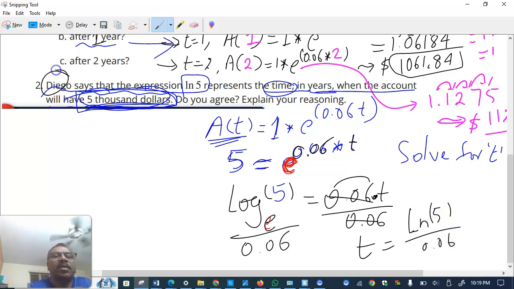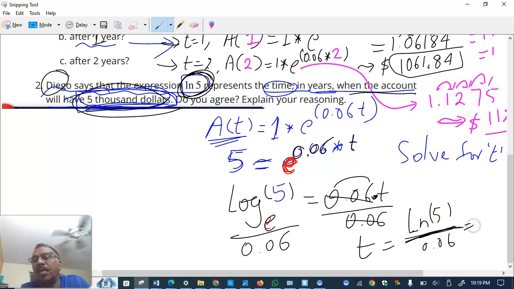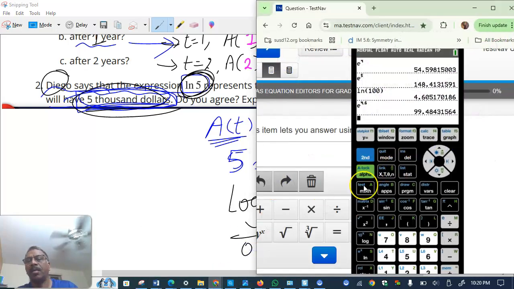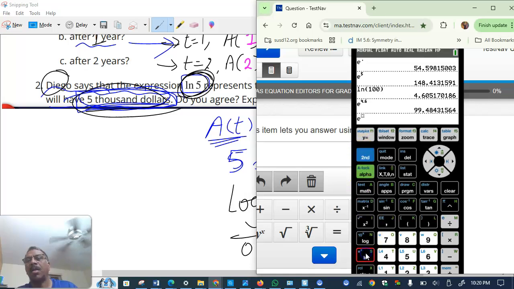So what Diego thinks, that ln of 5 represents the time to have $5,000, is wrong. If you want a balance of $5,000, let's plug it in and see what you get. ln of 5: click second ln. I want a quotient, which is a division, so click alpha y to get a fraction.